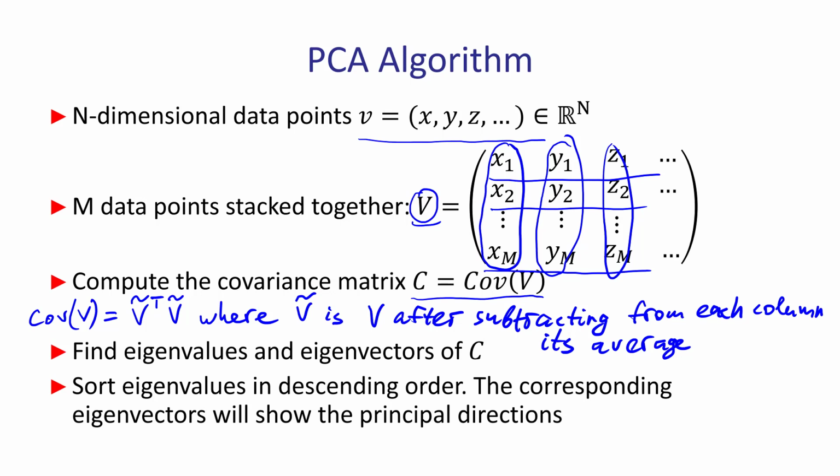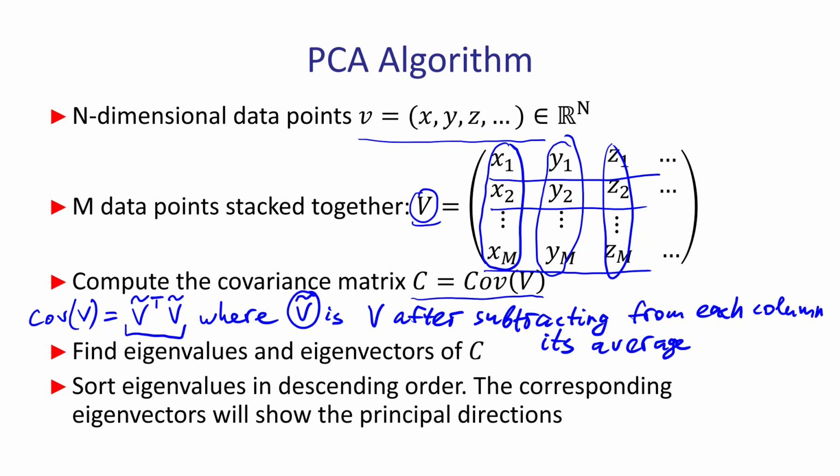And from each column I'm subtracting its own average. This will create a new matrix, normalized by the mean values, which I will call V tilde. So if I'm doing V tilde transpose V tilde of that kind of matrix, I will get the covariance matrix.